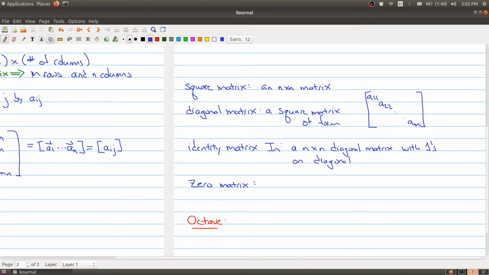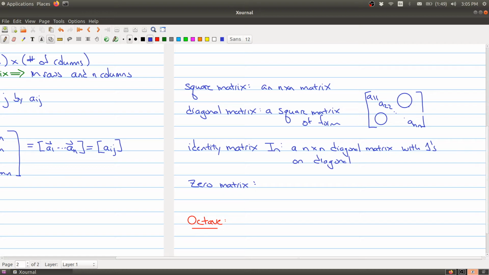So that should be n sub n. Hopefully you can see that. And then all of these entries over here are 0, and all of the entries over here are 0. Now these entries here may or may not be 0, but to be a diagonal matrix, all the entries on this side and all the entries on this side must be 0.